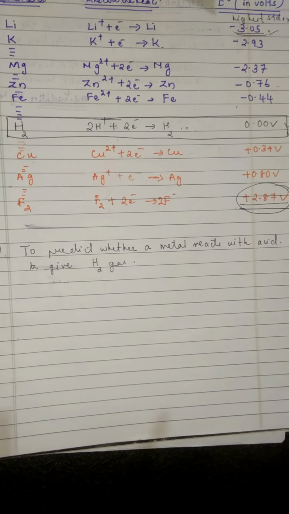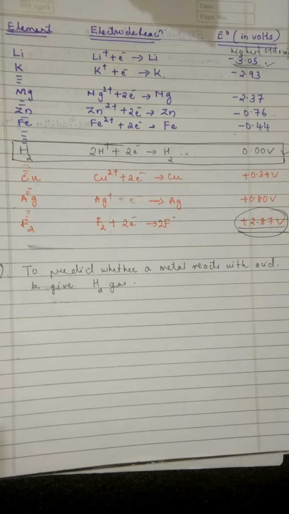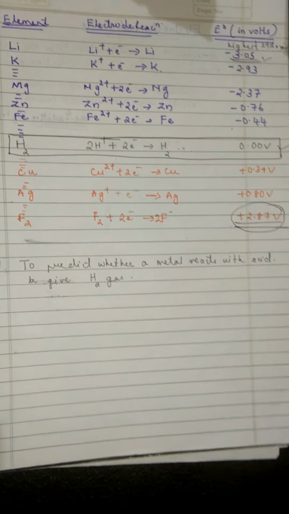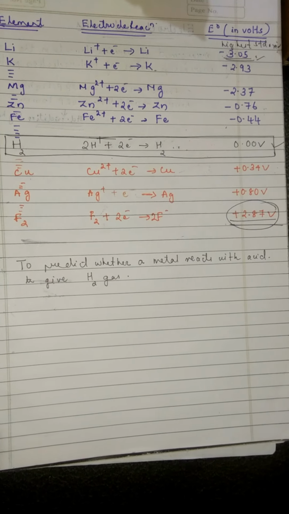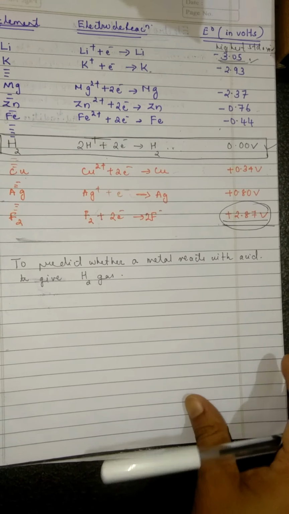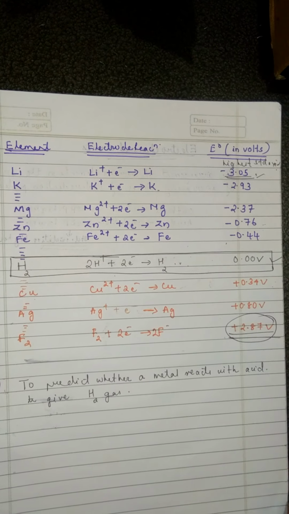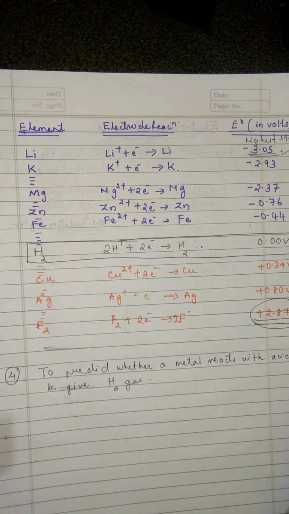Apart from those three applications, we can also find another application for the electrochemical series. That is, based on the electrochemical series, we can predict whether a metal reacts with acid to give hydrogen gas. How can we say that? The metals which have a higher oxidation potential have a greater tendency to lose electrons.